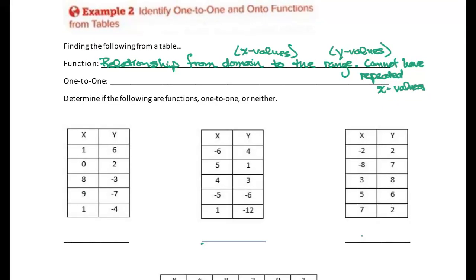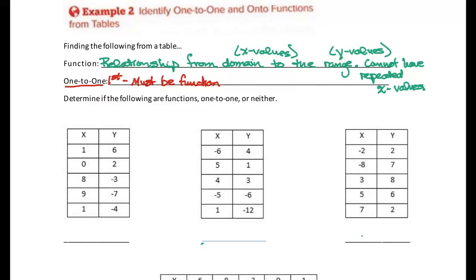All right? For one-to-one, first, it must be a function. So it has to be a function before it can be one-to-one.